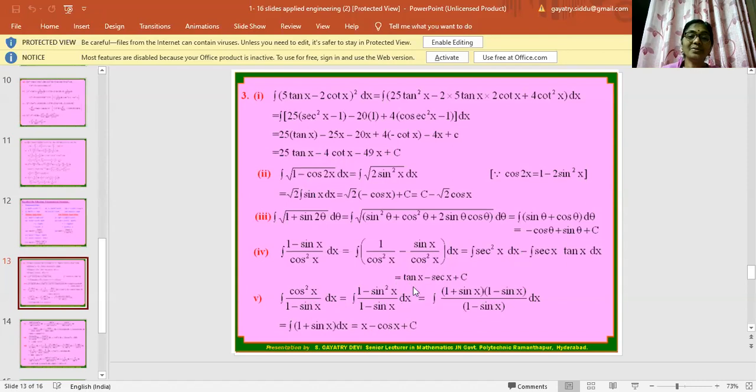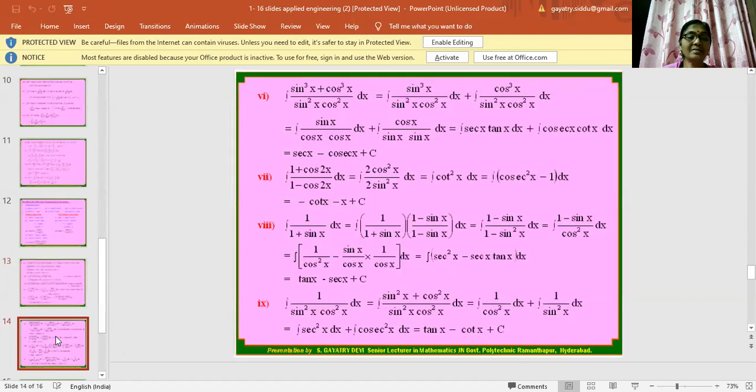So you have to recollect your trigonometric forms also. That's why I have given the recollection of forms which are required to do the problems. Coming to next, integral sin cube x plus cos cube x by sin square x into cos square x.